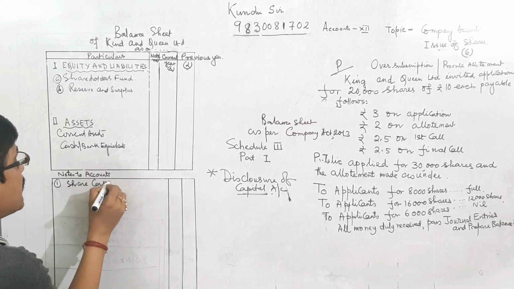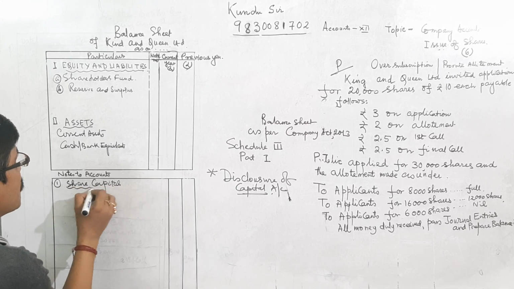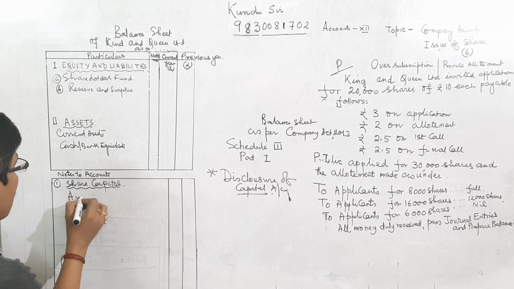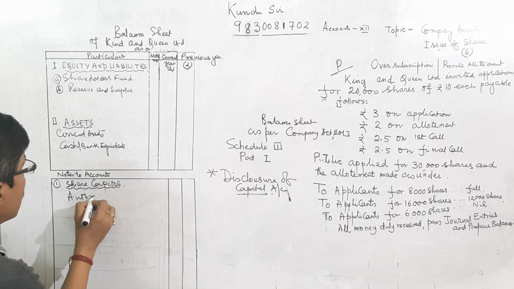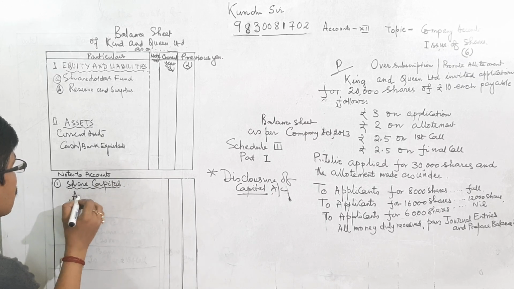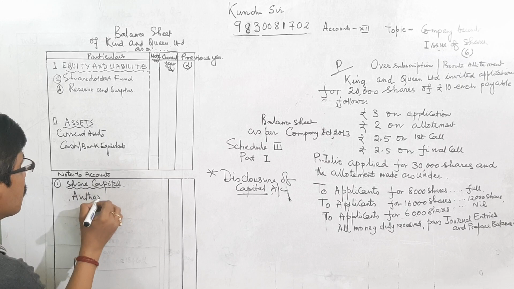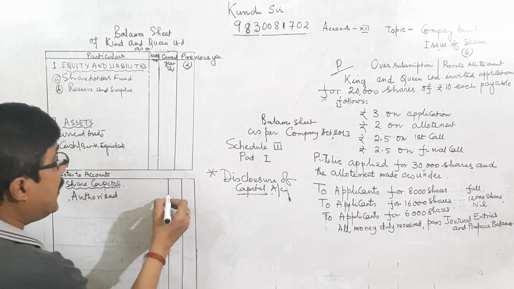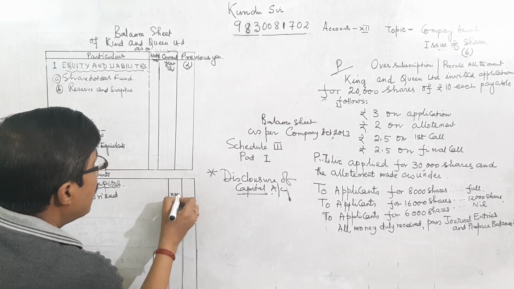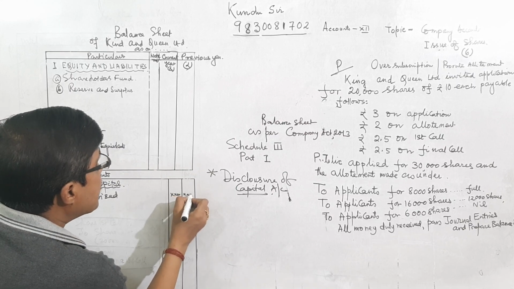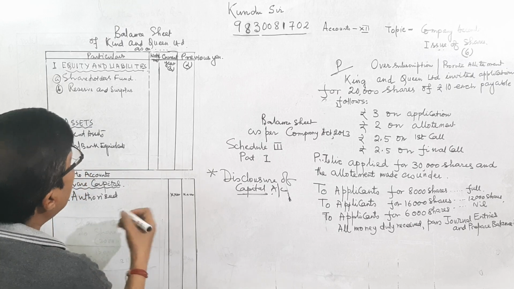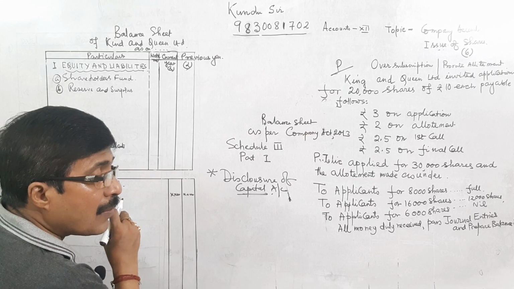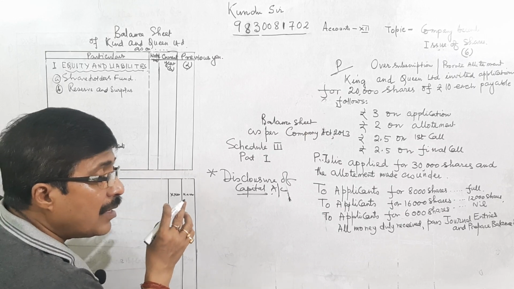Under share capital we should write authorized. We don't know what the authorized capital is in this problem. It is unknown for the current year and also for the previous year. Now we are closing the authorized capital.